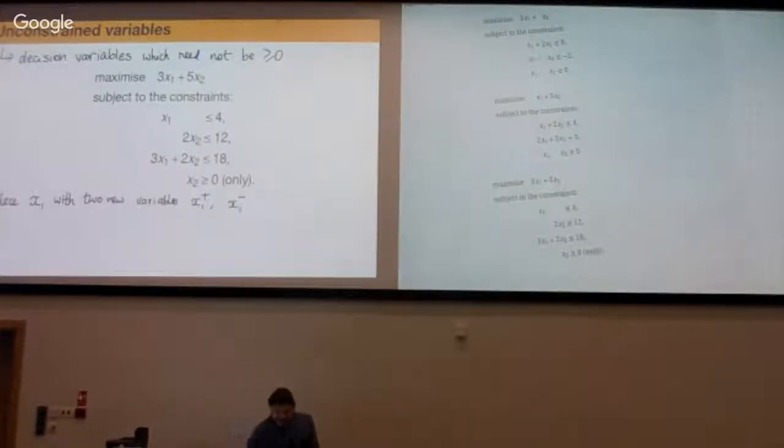The idea is that if x1 happens to be positive in the optimal solution or in some feasible solution, then x1 plus is going to have the same value as x1. And if x1 is negative, then x1 minus is going to have the opposite value. So for example, if x1 is -7, then x1 minus is going to be 7.